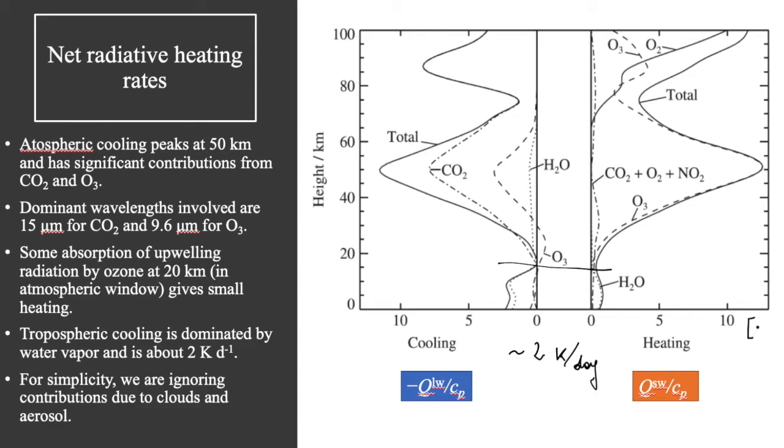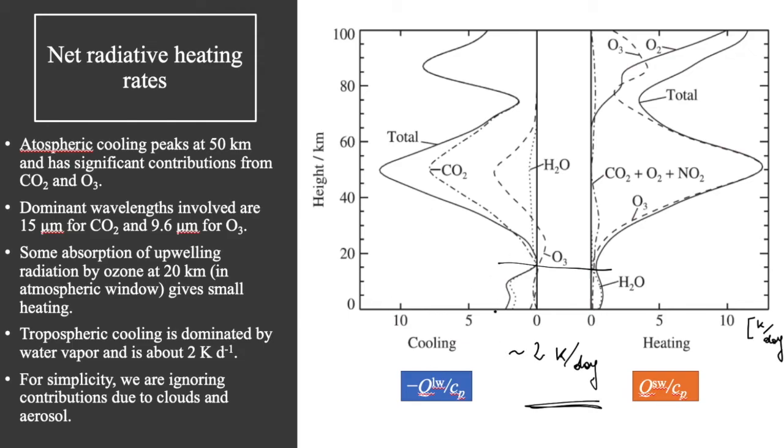The units are being cut out for some weird reason. This is Kelvin per day. And this is a standard kind of approximation that people sometimes use. If you don't want to care about the complicated processes that happen in the troposphere, you say, hey, constant cooling term, 2 Kelvin per day.